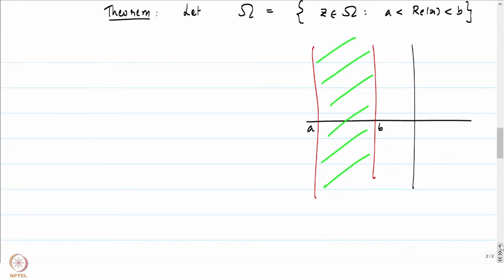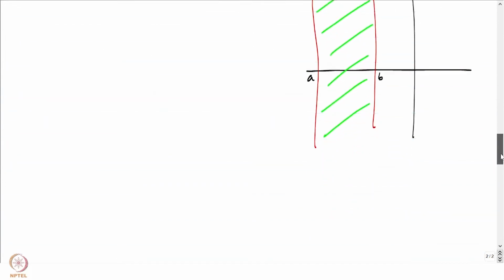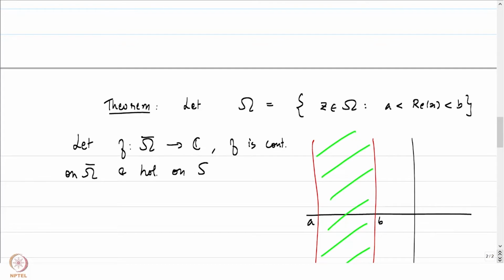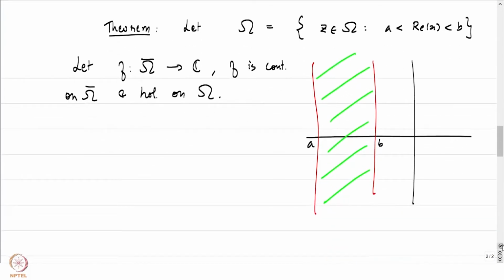So let's take one such unbounded domain, and let f be a function which is defined on omega bar, where f is continuous on omega bar and holomorphic on omega, just like in the previous case.